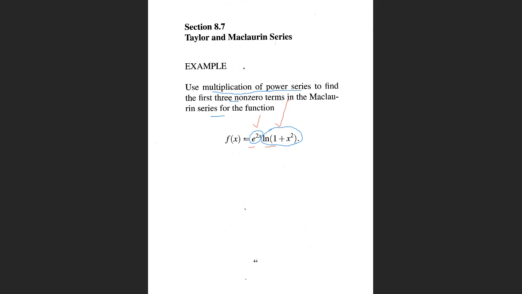But you don't see a Maclaurin series for the product of e to the 2x times the log of 1 plus x squared. What you can do is find the power series for e to the 2x and the log of 1 plus x squared and multiply the power series together. So again, I think we can move to the next page now.